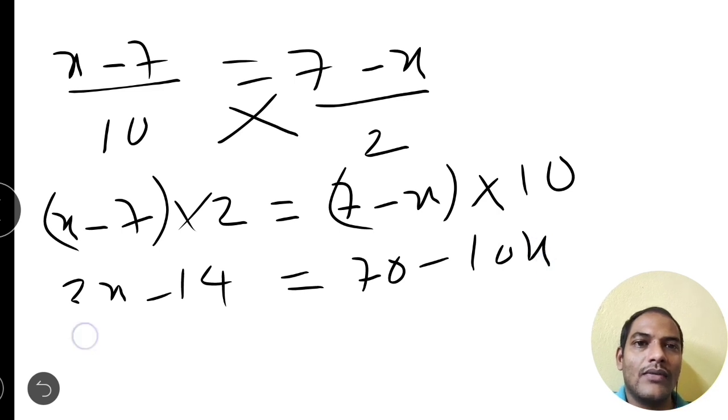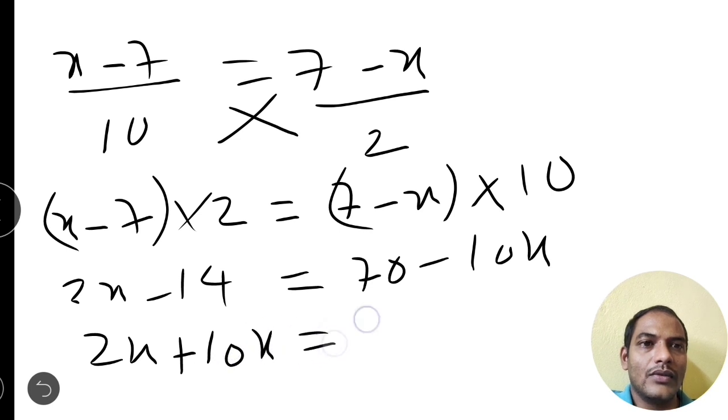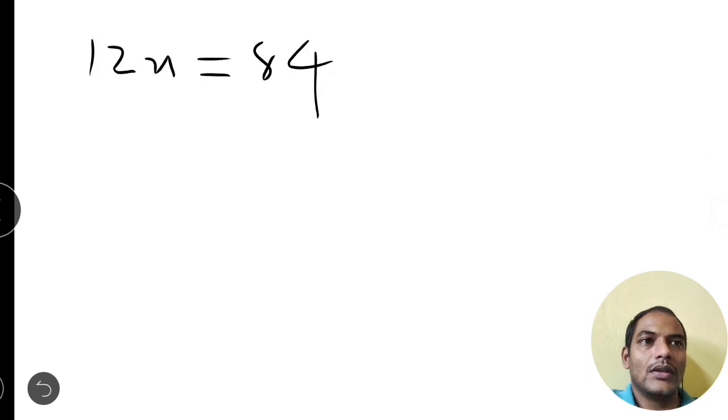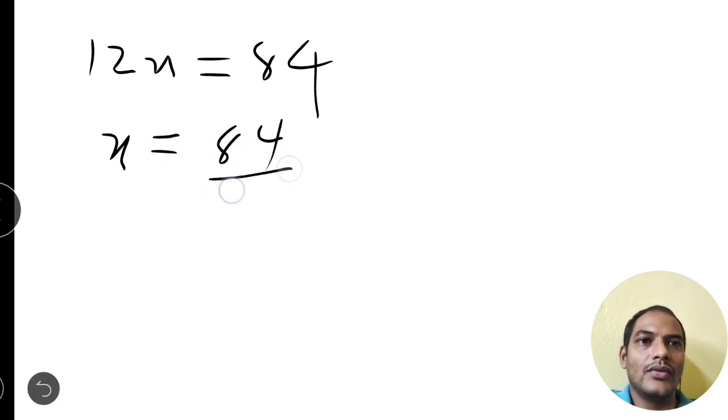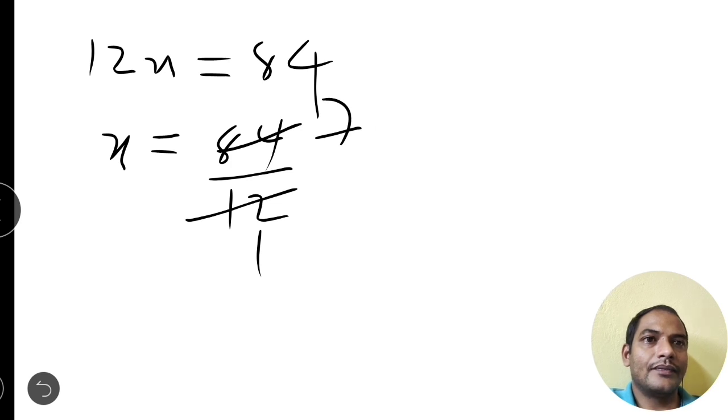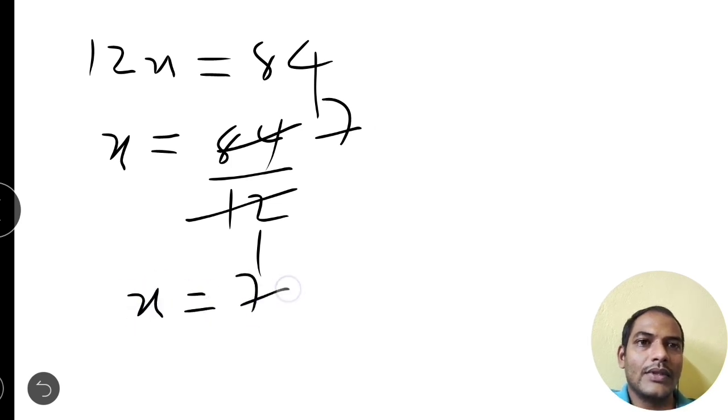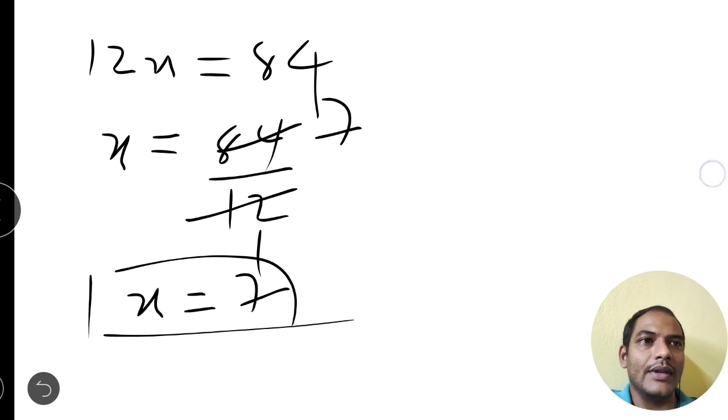Write variables on the left side: 2x plus 10x equals 70 plus 14. So 12x equals 84, then x equals 84 divided by 12. 12 ones are 12, 12 sevens are 84, so x equals 7. So the required answer is 7.